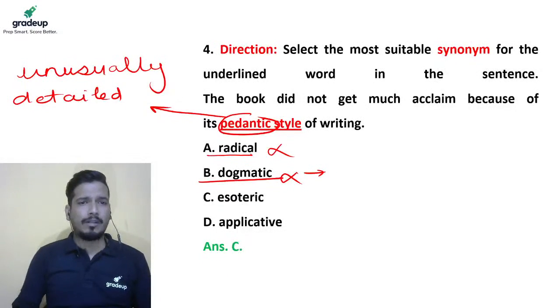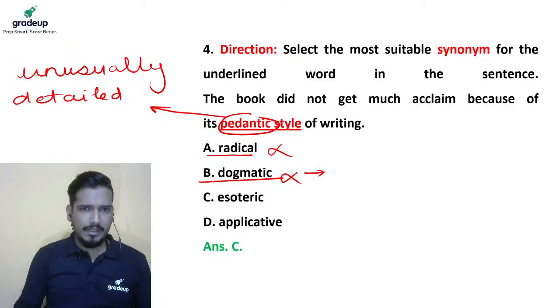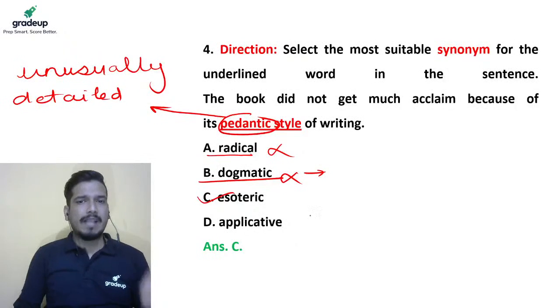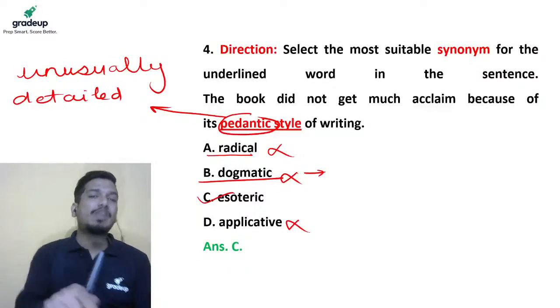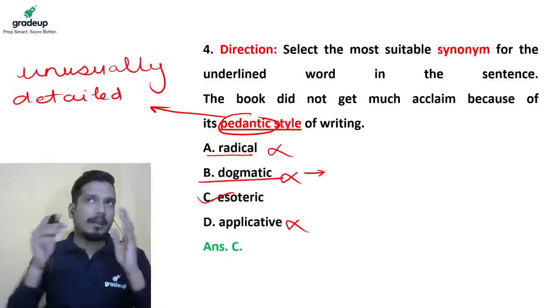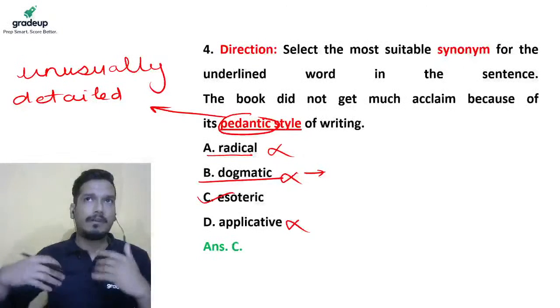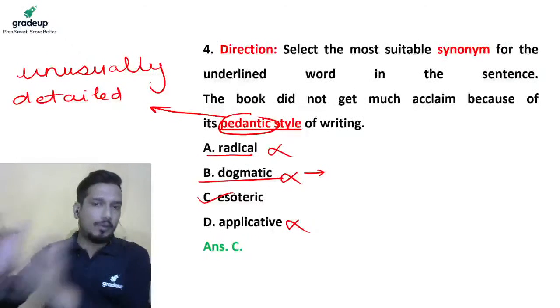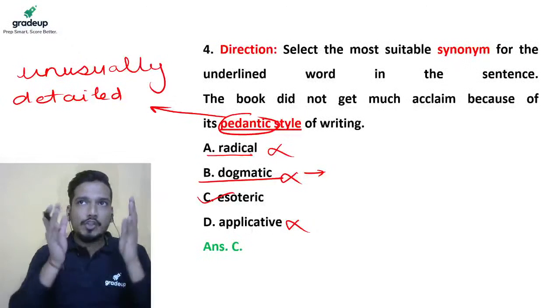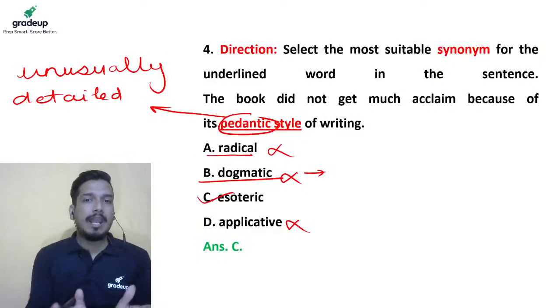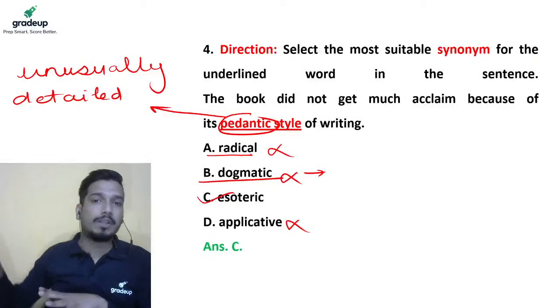Therefore, the answer is esoteric, because, again, it is unusual. I said, I have a collection of esoteric stories written by Franz Kafka. His stories are unique and unusual because they appeal to only a particular set of people.